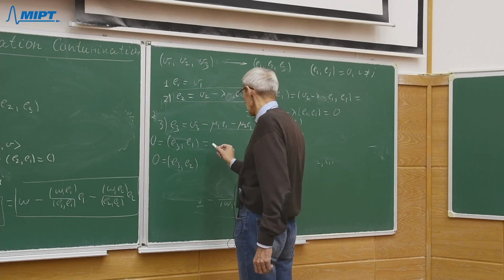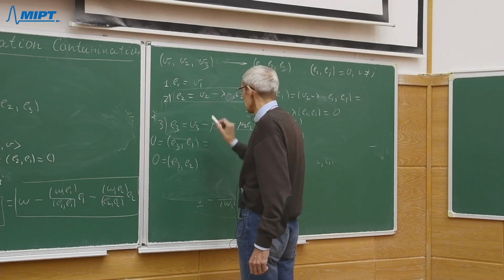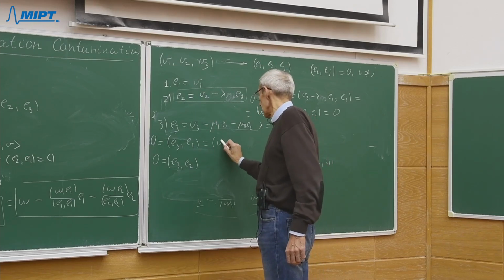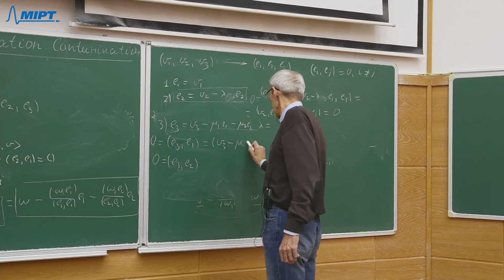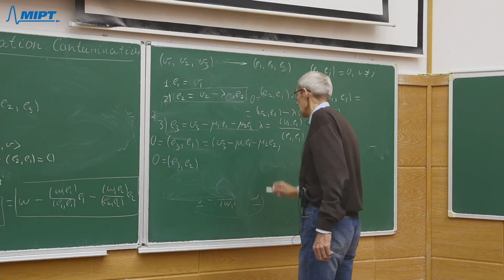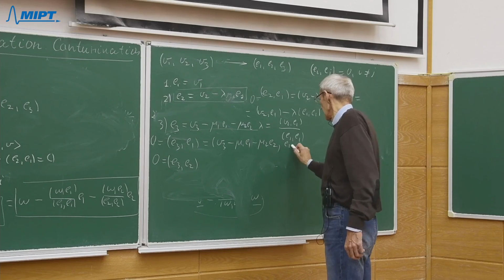And if we substitute this expression in this formula, we obtain the following expression: (V3 minus mu1 E1 minus mu2 E2) times E1.